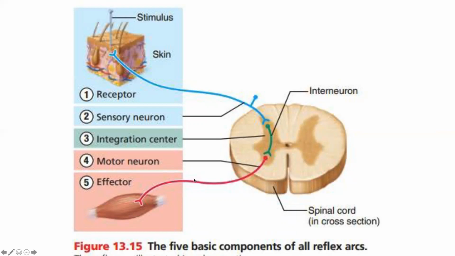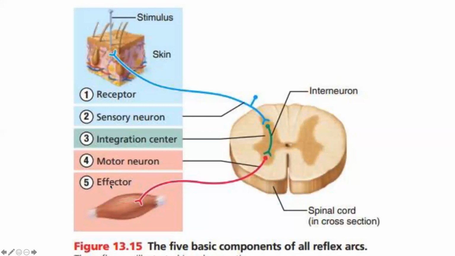That motor neuron will go to the effector organ, which is the muscle, which will cause the contraction of the muscle. So now we have seen receptor, sensory neuron, integration center, interneuron, motor neuron, and the effector organ.